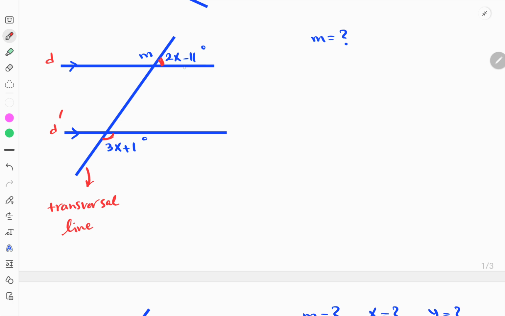So in order to find the value of x, you should add 2x minus 11 degrees to 3x plus 1 equals 180 degrees, because these two angles are supplementary angles.